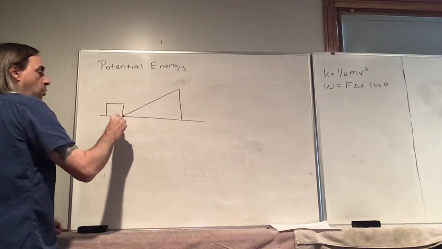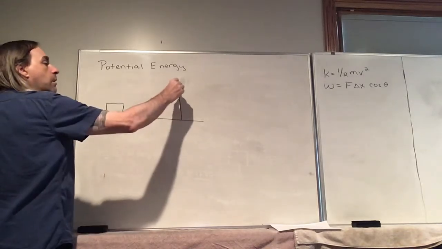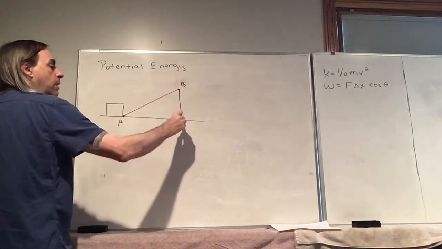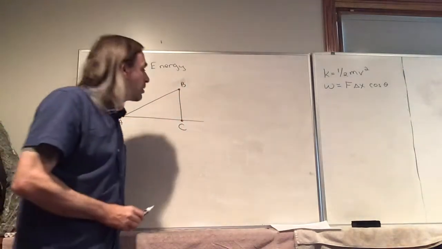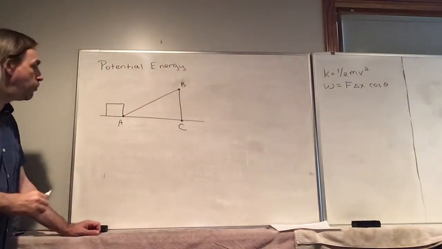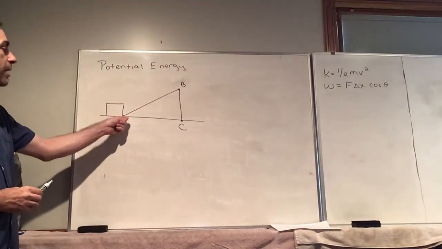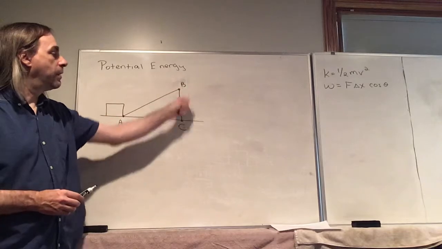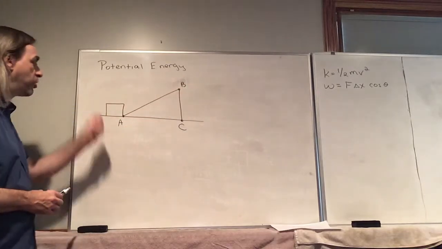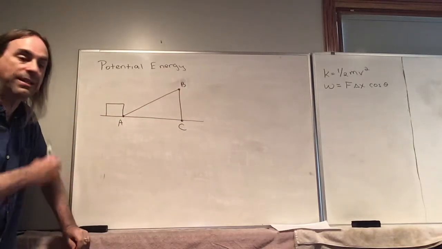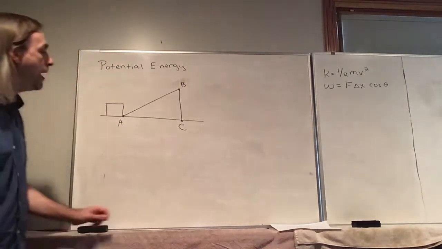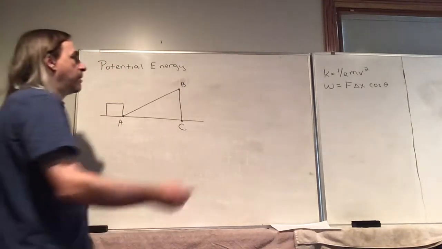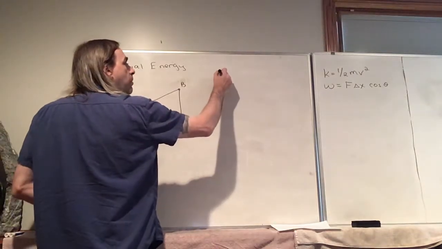We'll call this corner point A, this is point B, and this is point C. We'll start at point A, push it up the incline, then let it fall to the ground, and then push it back around, just across the ground. And calculate the work done by gravity on every step of the way, and then add it all up to find the work done over this loop.